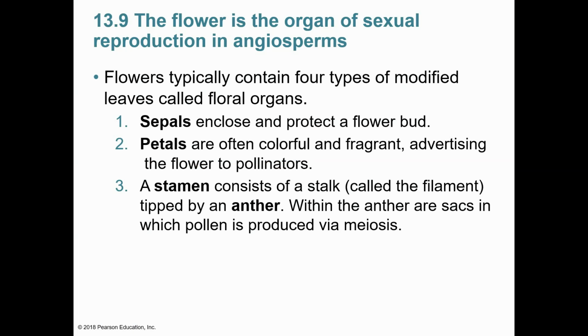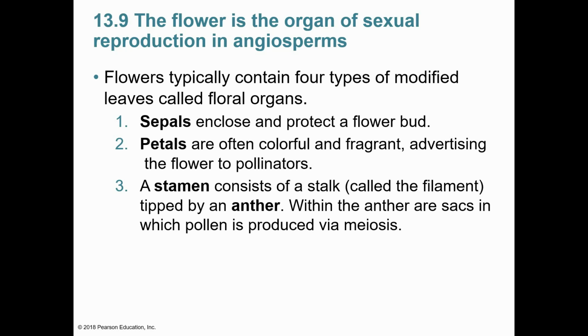The green leaves at the base of the flower are usually there to enclose and protect the flower bud. Those are called sepals. Moving along, those brightly colored petals that make up the flower are petals. They are colorful, they're fragrant. They're using their attributes to attract pollinators to come and get the pollen from the flower.